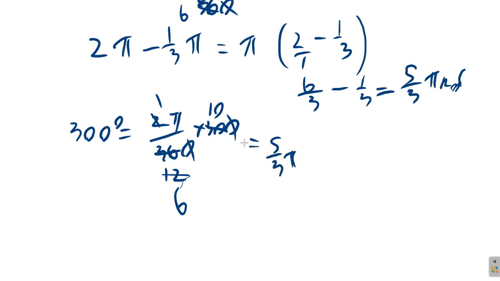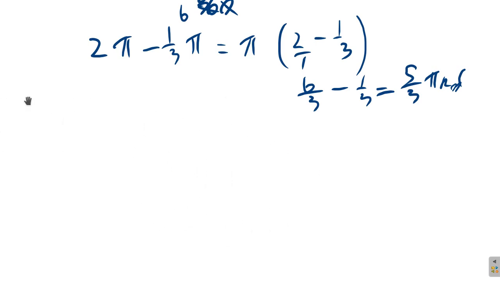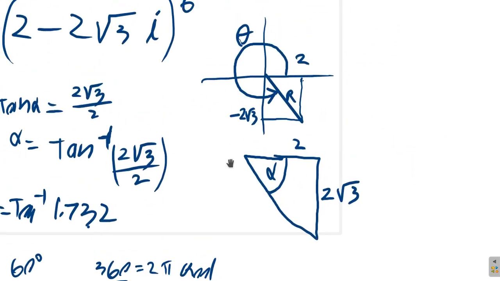So we see it's correct. We subtract 2 pi minus 1/3 pi, similar to 360 minus 60 degrees. We also converted 300 degrees to radians, and we get 5 over 3 pi. Alright, so 5 over 3 pi radians is our theta.